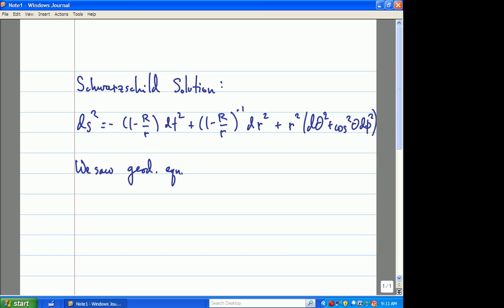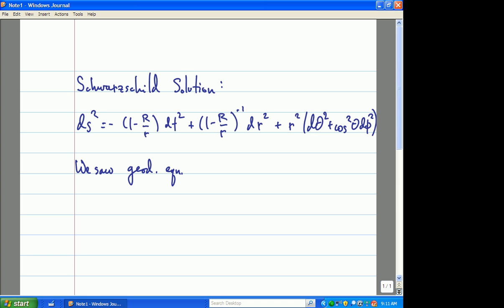It led to interesting effects, including the precession of the perihelion of Mercury, which is the statement that in general relativity the orbits of the planets are no longer exactly conic sections, no longer exactly ellipses, but rather precess in a complicated, computable way, which we derived last time.